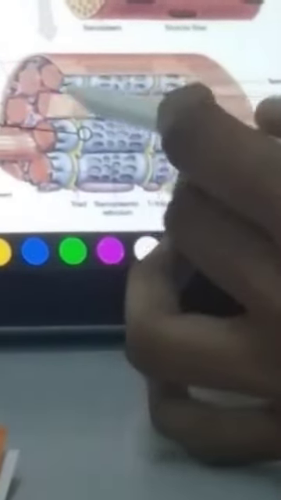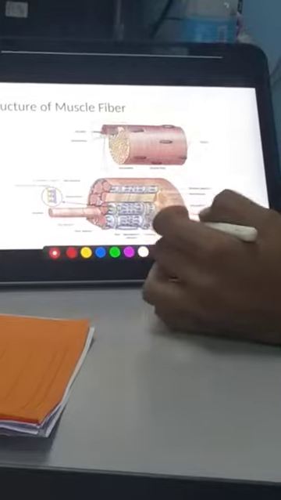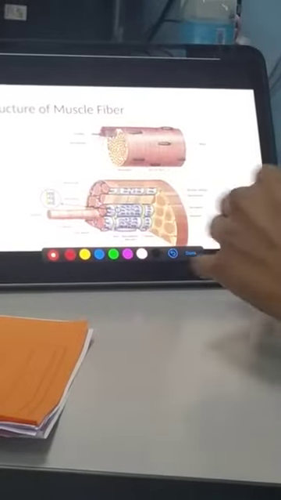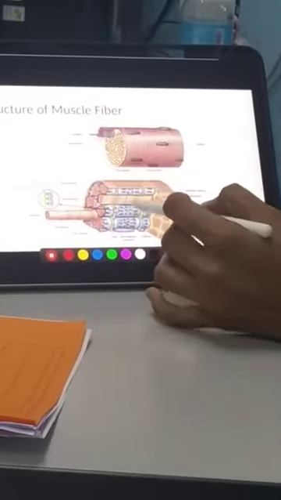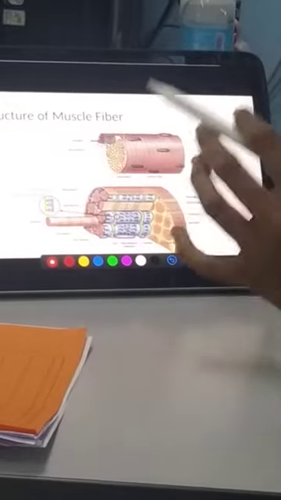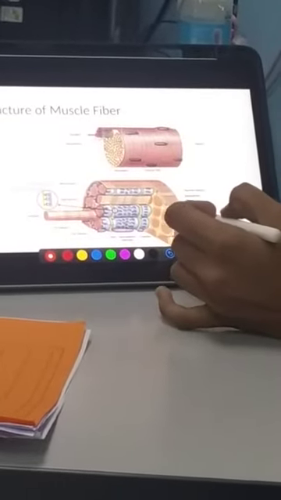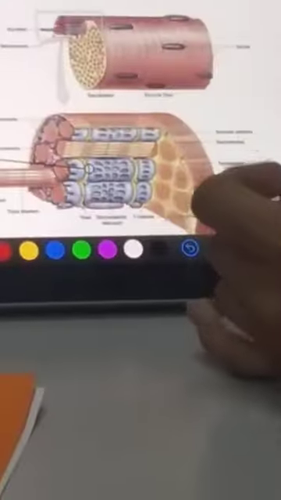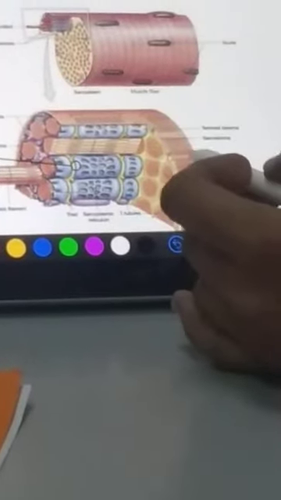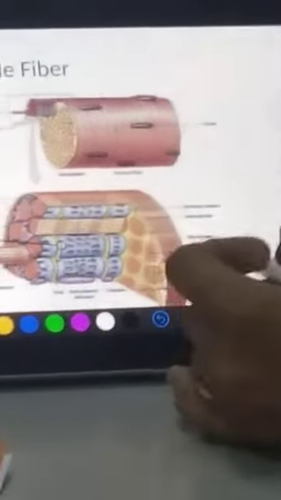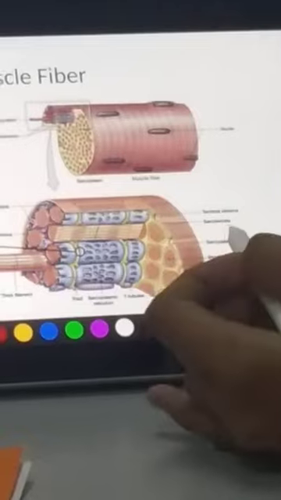They cover all the myofibrils, like netting covering the whole myofibrils. That is the T tubule, and sarcoplasm is similar to the cytoplasm in a normal cell, but in a muscle cell we call it sarcoplasm.